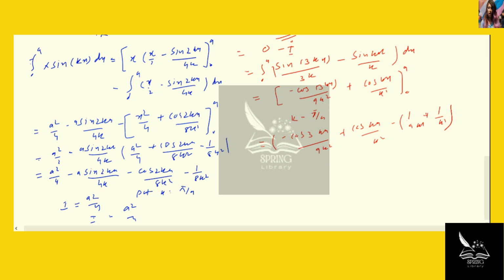So this is equal to 1 out of 9k square minus 1 out of k square plus 1 out of 9k square minus 1 out of k square. So this is equal to minus 8 out of 9k square.